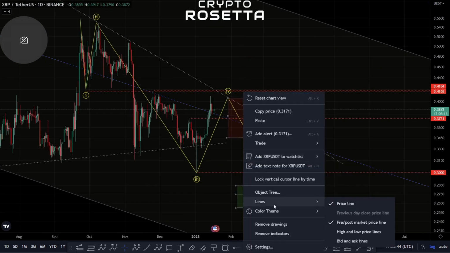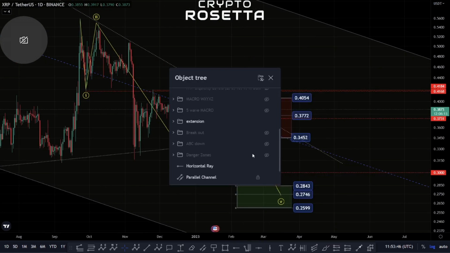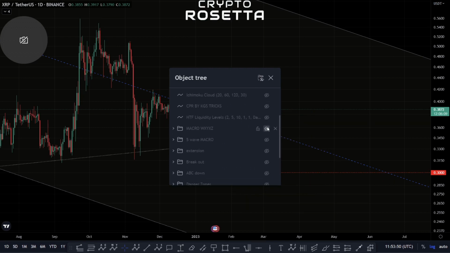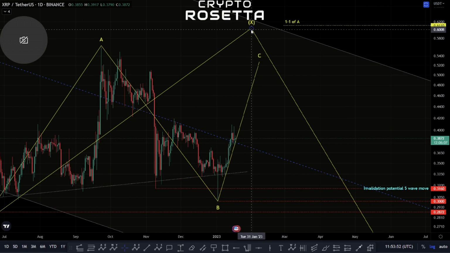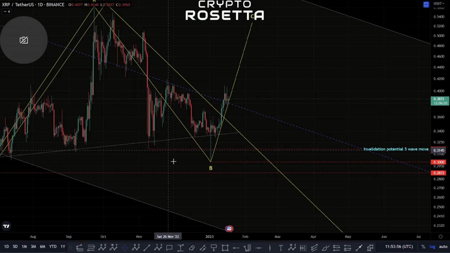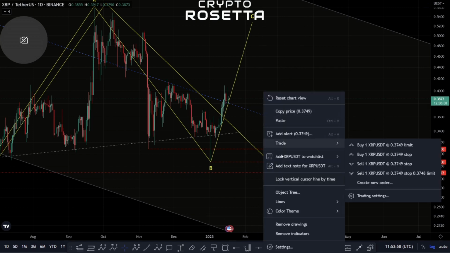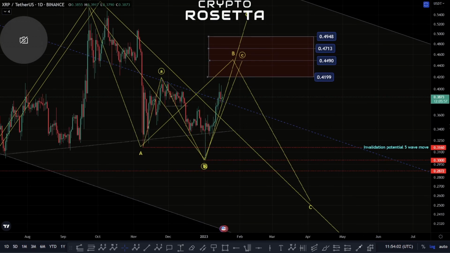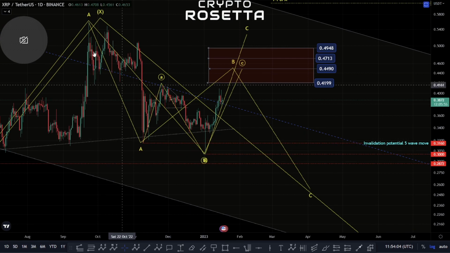Alternatively, though, we do have a different count which puts us lower down, and what they would be looking for is basically looking at this X wave as completed here, and that we could actually be forming an A, B, and a C to the downside. So within the structure, what we'd be looking for is potentially something like this, where we look at this structure slightly differently, and we can look at it into this low point here, and we look at this as an A wave into here.